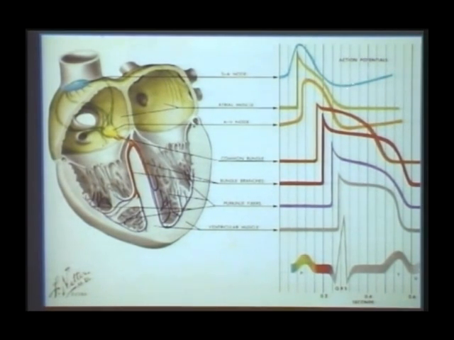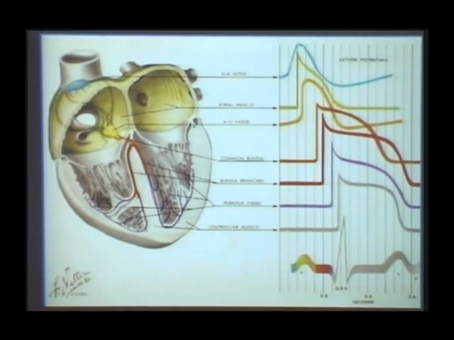So this spontaneous rise is the reason for the sinus node to produce spontaneous electrical activity at a much faster rate. Whereas if I look at all the other cells, they do not have such a rapid slope of the spontaneous diastolic depolarization. That's why the sinus node remains the primary pacemaker of the heart, because of faster spontaneous diastolic depolarization.